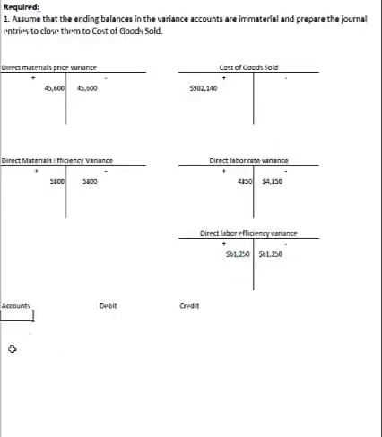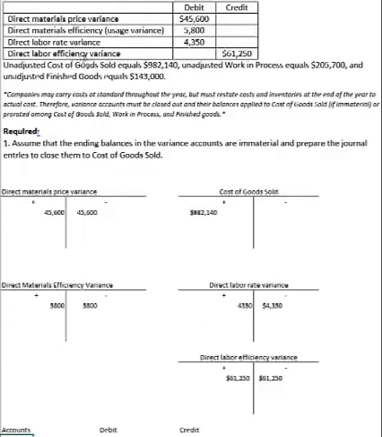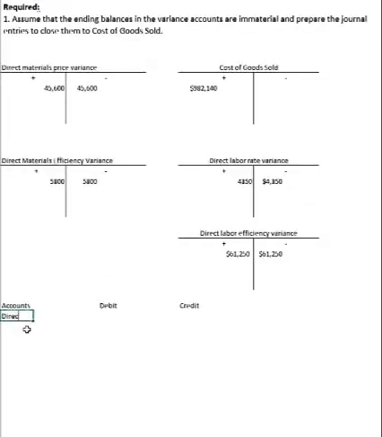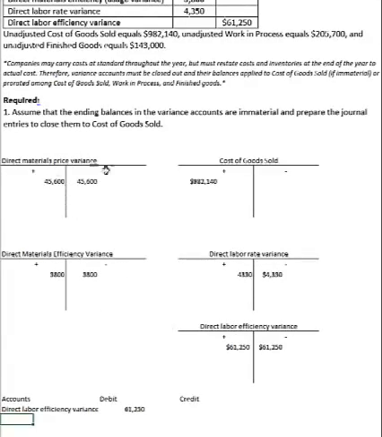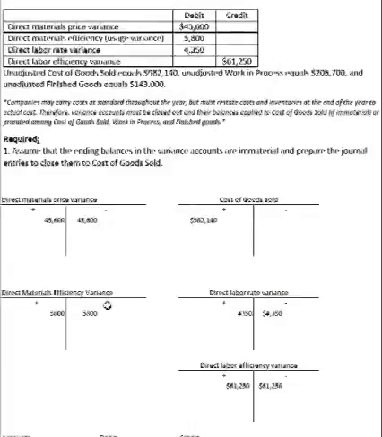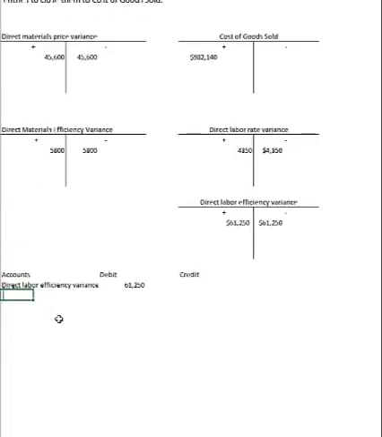First, I'm going to debit this direct labor efficiency variance for the $61,250. Then I'm going to credit all of the other accounts because they have a debit balance. So I'm going to credit the direct materials price variance for $45,600.